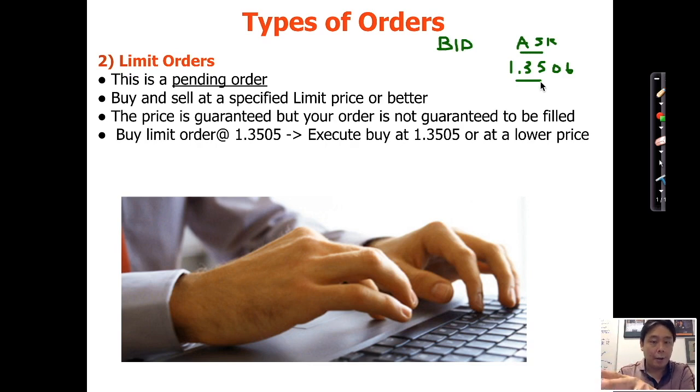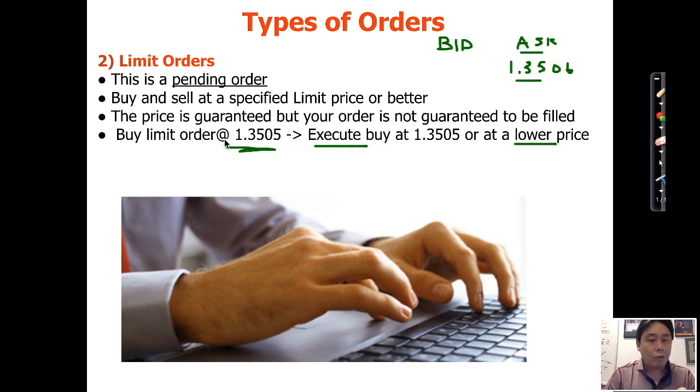Make sense? Now, whenever I place a limit order to buy, it means I want to buy at a certain price or lower. So I may put a limit order of, for example, 3505. That is my limit. That's the maximum I will pay. Any lower, I'll take it, but no higher than that, right?